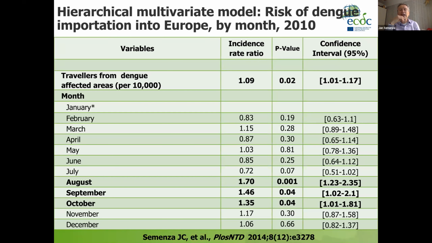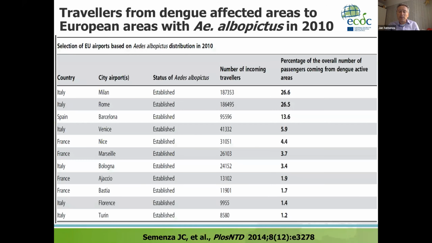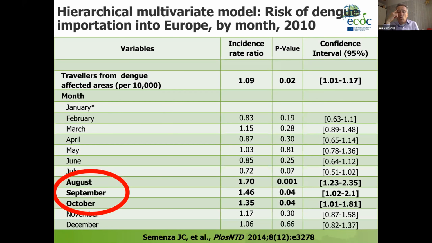And what you see on this slide here, travelers from dengue active areas, it turns out that the incidence rate ratio is statistically significant for August and September when these passengers are arriving, and you can see that the incidence rate ratio increases quite a bit.